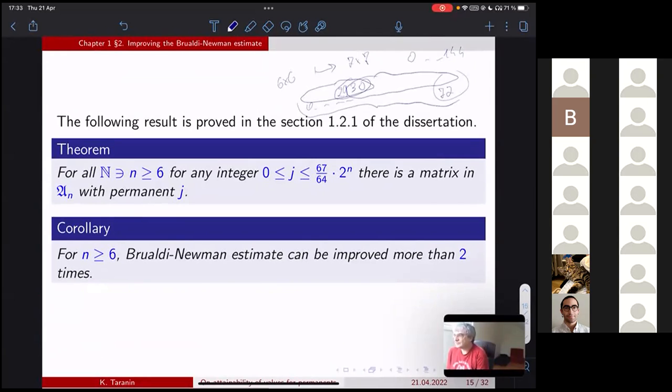So what are the applications of that? Are there any applications of this result outside of just studying properties of the permanent? Do you know any applications?